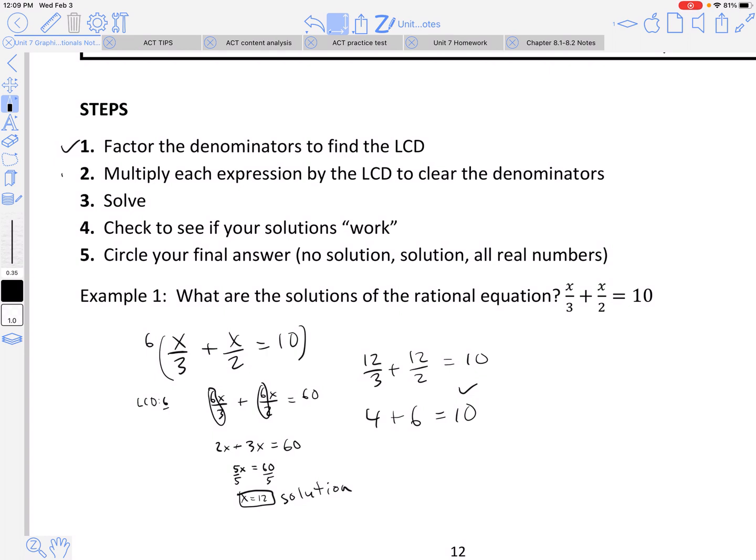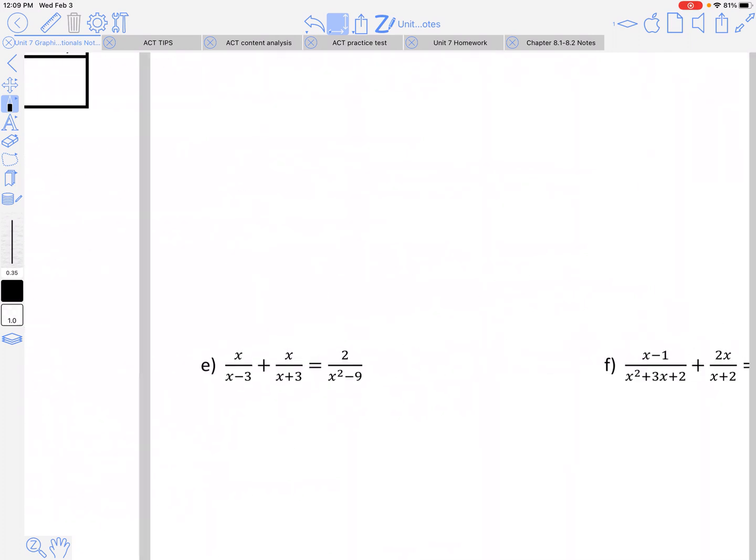Then we distribute, like I did right here. We distribute that least common denominator to everything, but I'm going to show you how we'll speed that up as it gets a little more intense. Then we solve, and then we check our answer and determine that it was a solution.